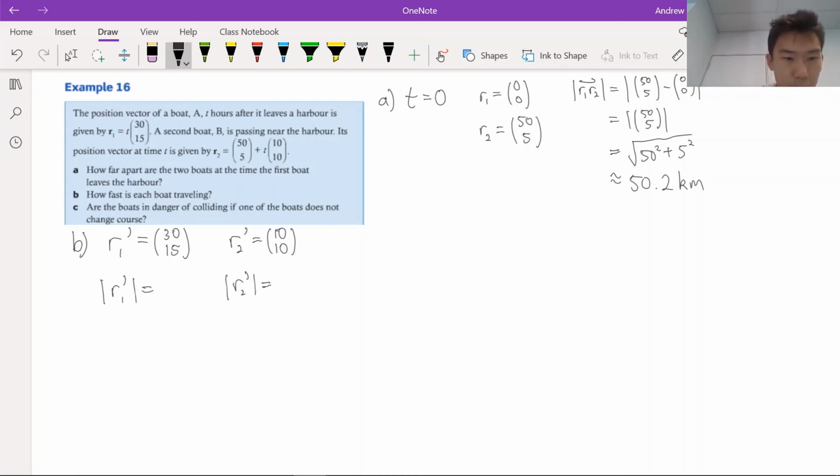So speed of boat A would be root 30 squared plus 15 squared, and boat B would be square root of 10 squared plus 10 squared, and then let's work those out.